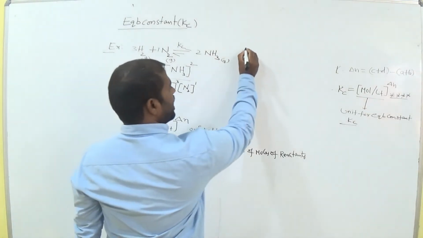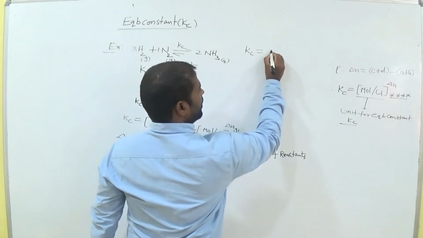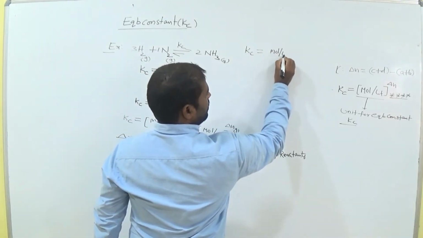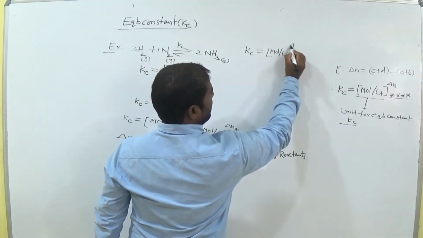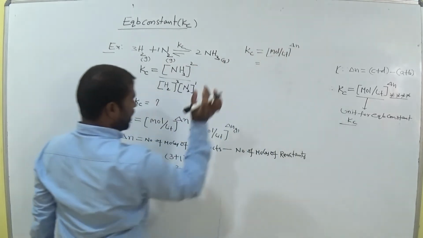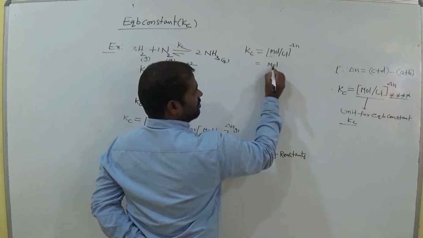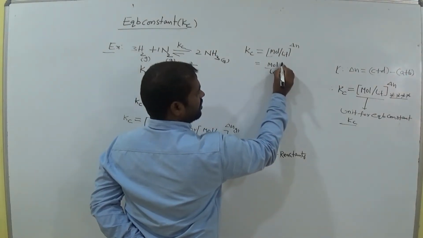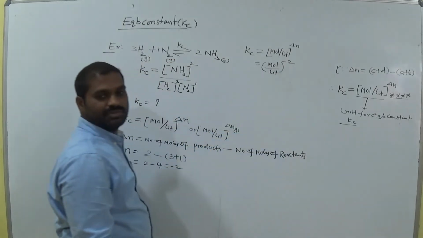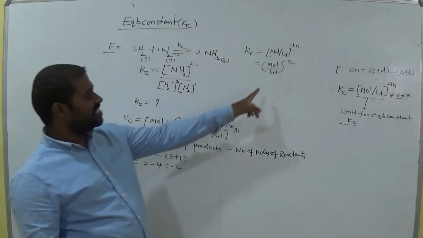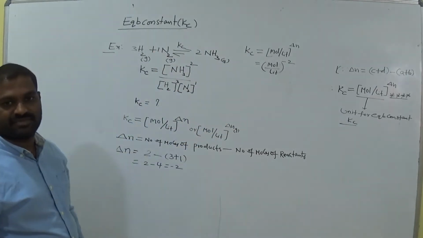We have the general formula, mole per liter whole power delta n. What is the value of delta n for the above equation? Minus 2. So that is mole per liter whole power minus 2. This is called the unit for Kc for the given expression.